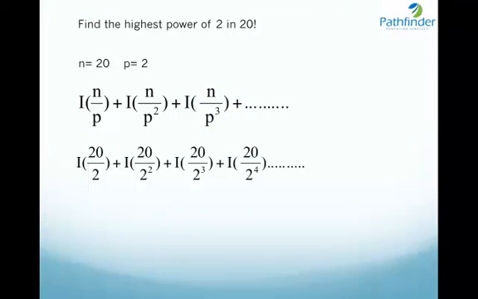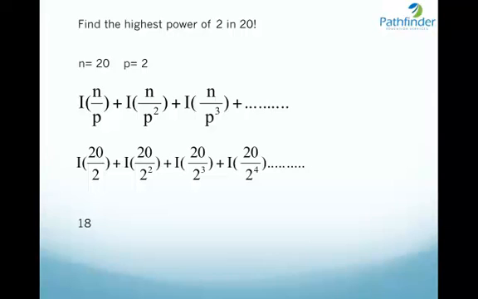On putting the values, we get I(20/2) + I(20/2²) + I(20/2³) + I(20/2⁴) and so on. We get this answer on simplifying as 18.